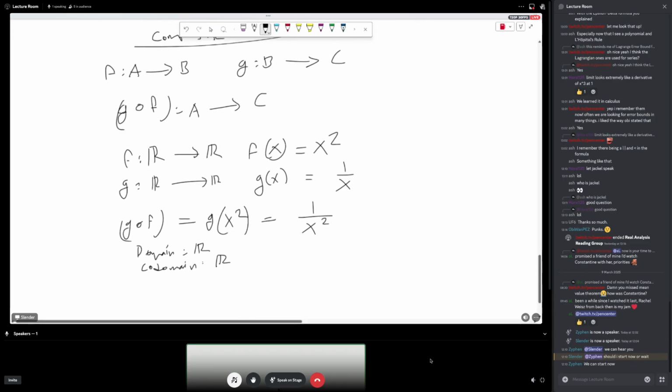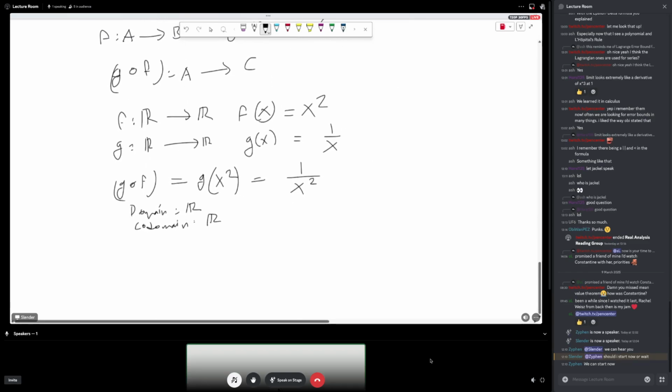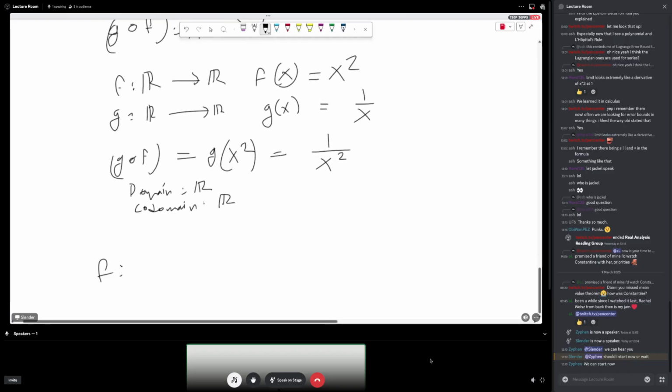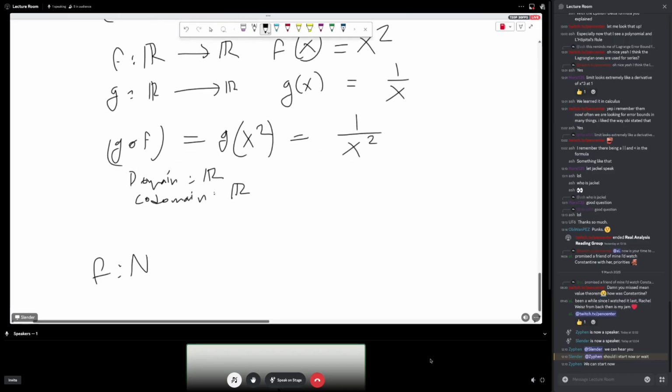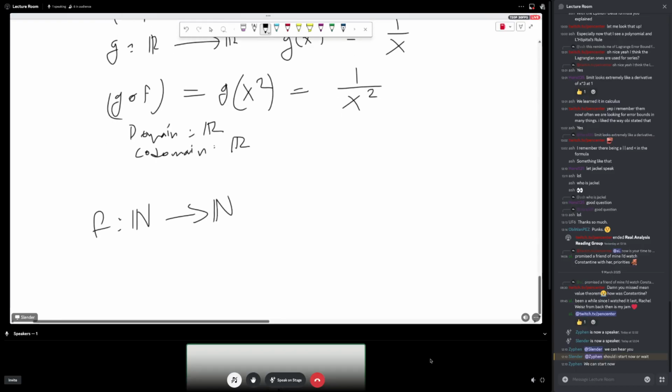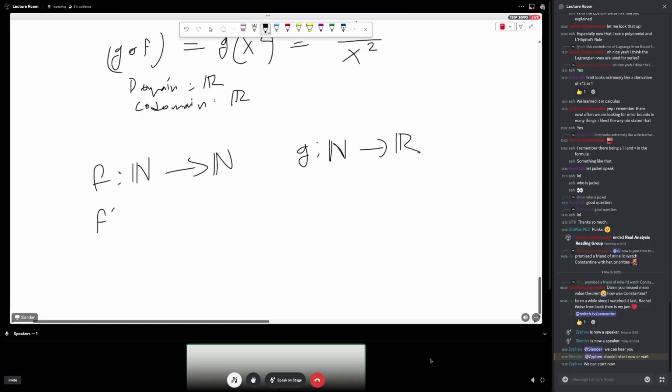A better example would be, let's say, f takes a natural number and gives a natural number, and I have g that takes a natural number but gives you a real number.